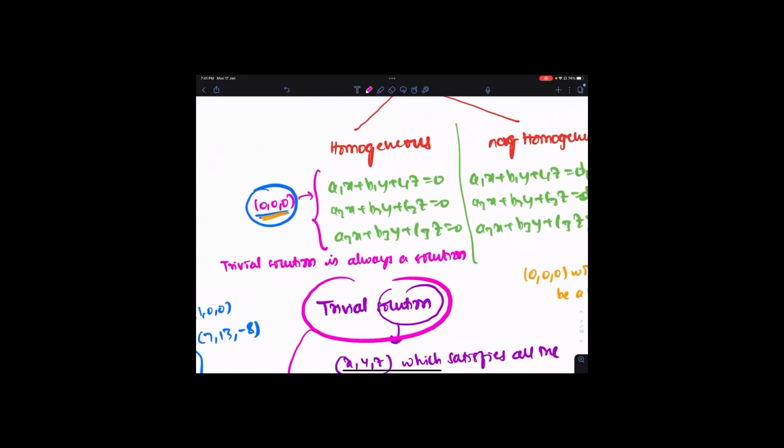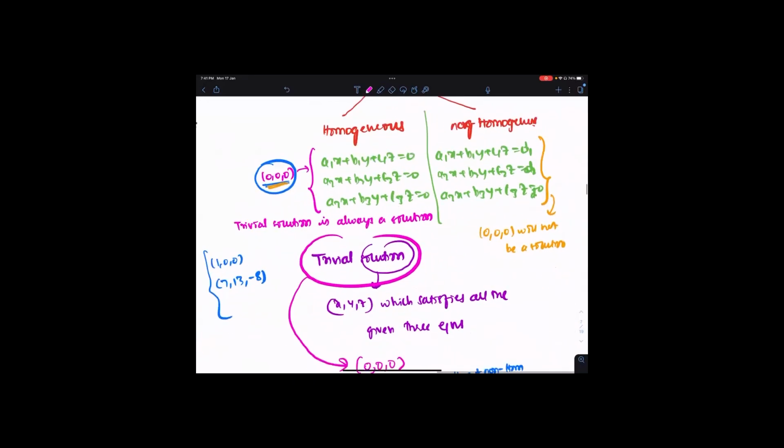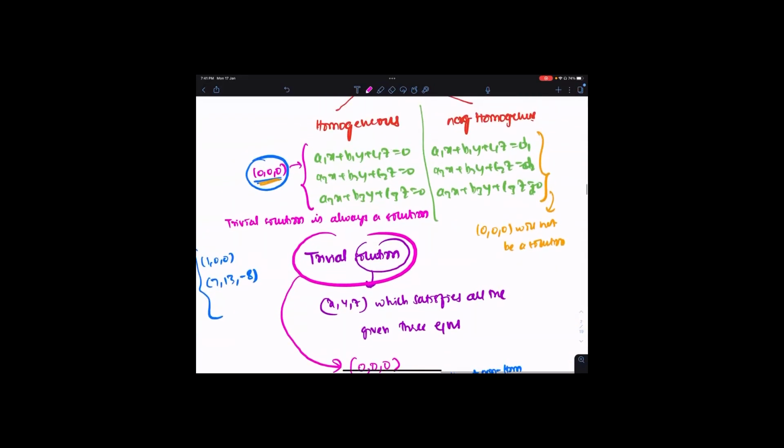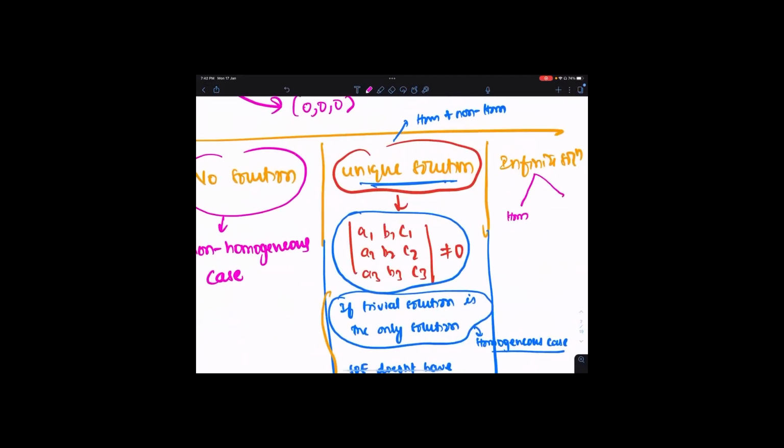There is a solution, so the no solution point will not come. That possibility will come only in the non-homogeneous case. Infinite solutions, yes, will come in both the homogeneous case and the non-homogeneous case.